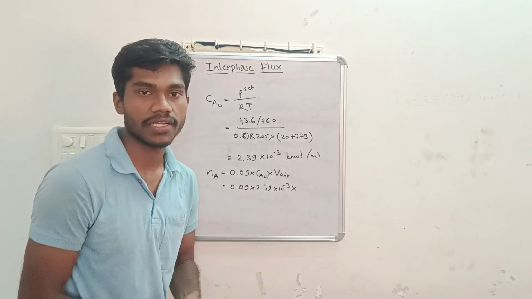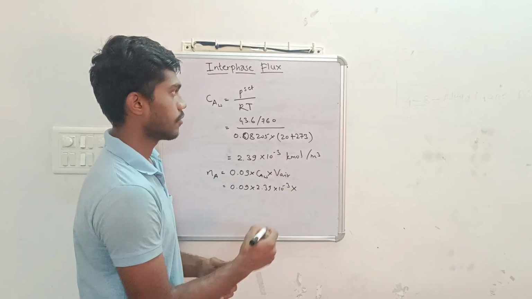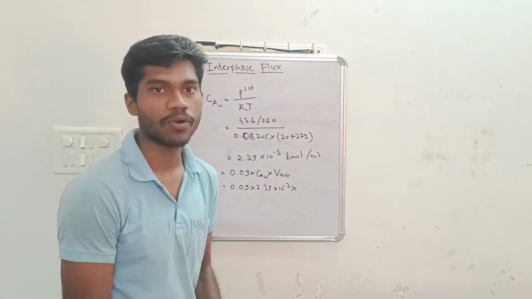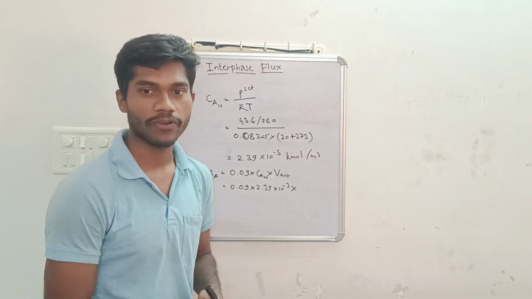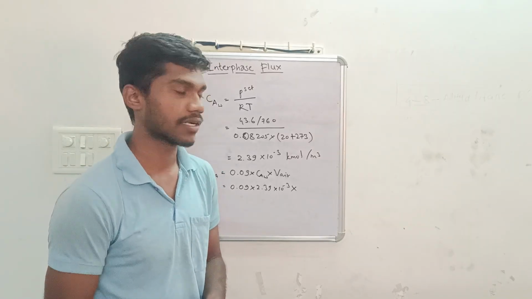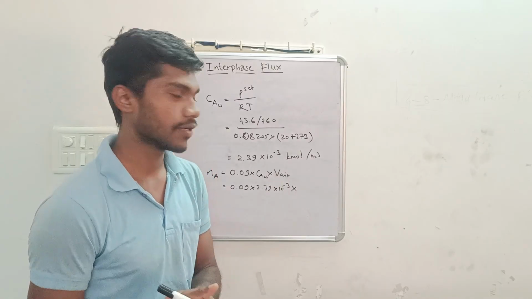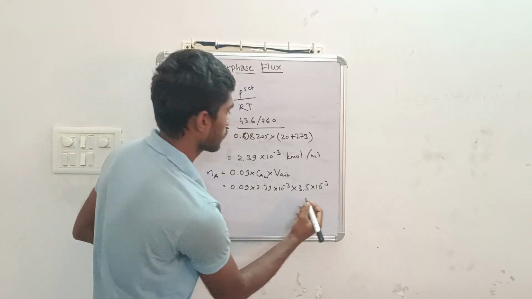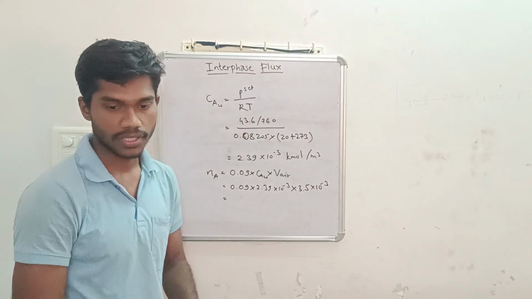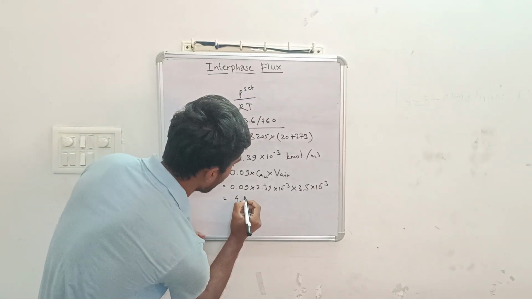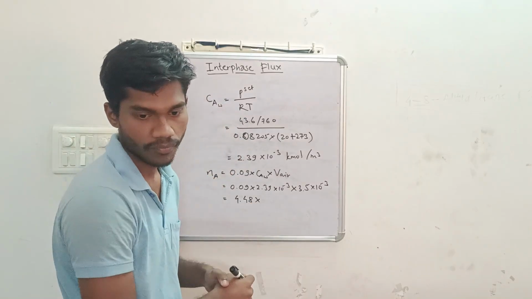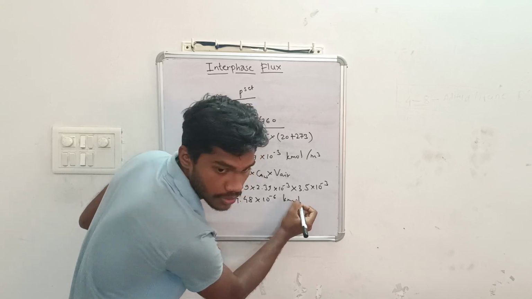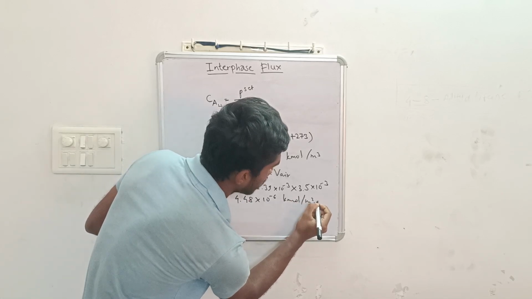So volume of air will be 3.5 because total volume is 4.5 and volume of ethanol is 1 liter. So 4.5 minus 1, that is equal to 3.5 liters. So 3.5 into 10 power minus 3. So this is equal to 4.48 into 10 power minus 6 kilomole.